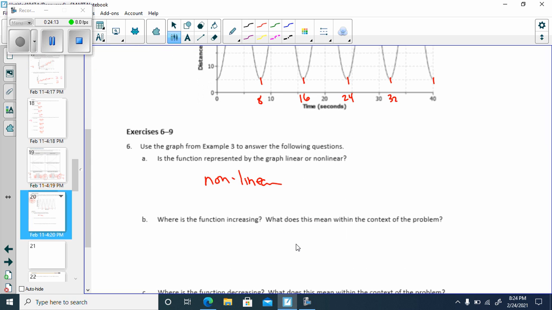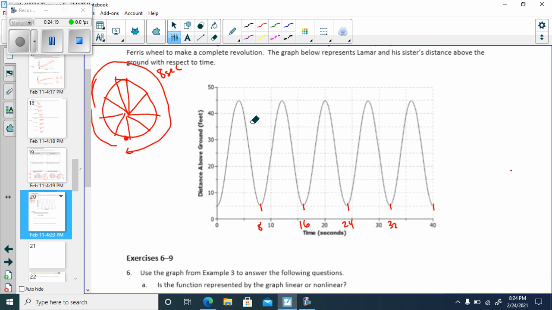Okay, the next question is, where is the function increasing? And what does this mean? Well, let's see what we're looking at here. It's increasing. Right here, it's going up. See? The function is increasing between, well, if it's 8 seconds to go up and down, this top's got to be at 4 seconds. So it's increasing between 0 and 4 seconds.